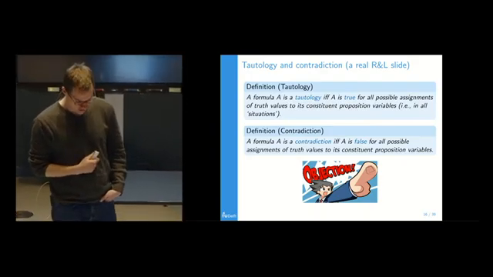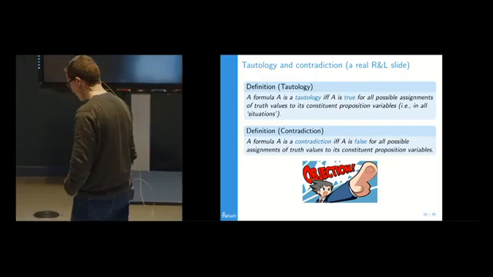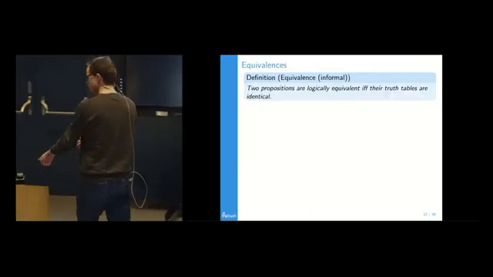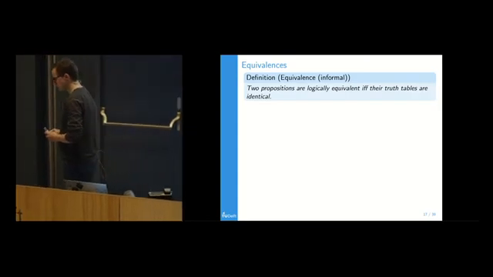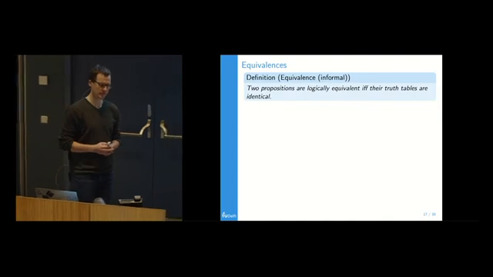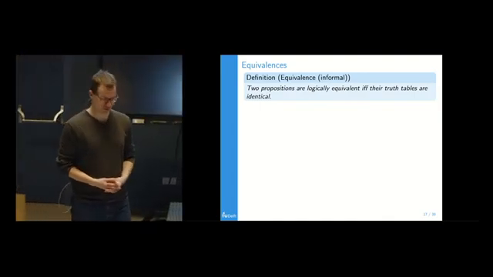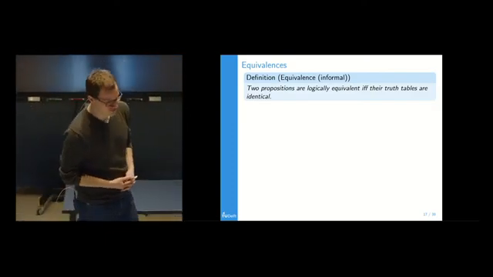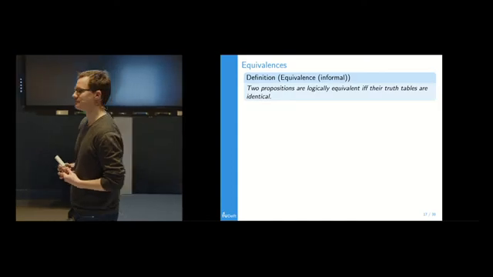For now, I want to show you one other application of truth tables. We can use truth tables for what we call equivalence testing. We can use them to figure out whether two formulas mean the same thing. We say two propositions are logically equivalent if and only if, again, not a typo, their truth tables are identical.